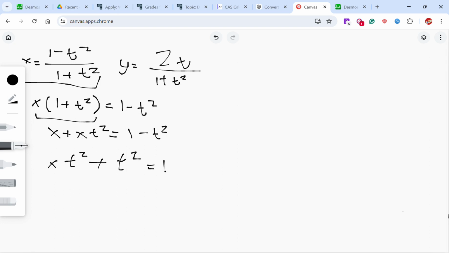Equals 1 minus x, and factor out t squared, plus 1. We isolate t squared now.